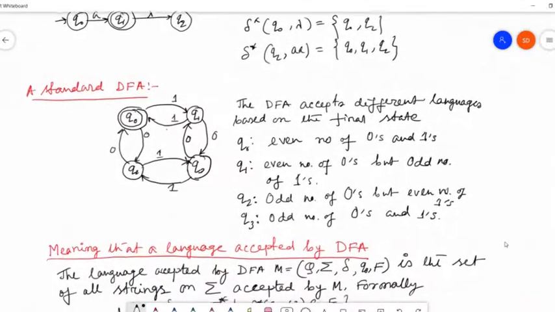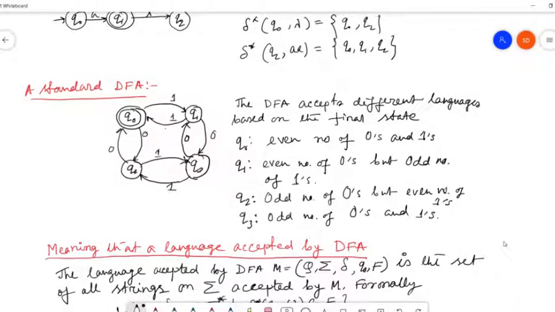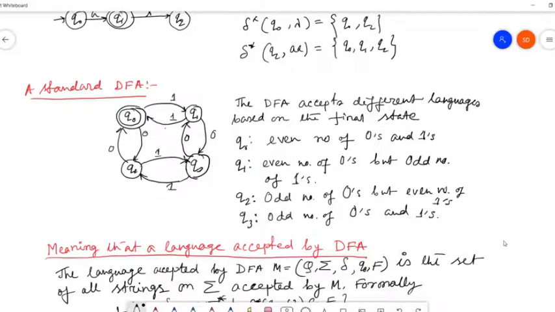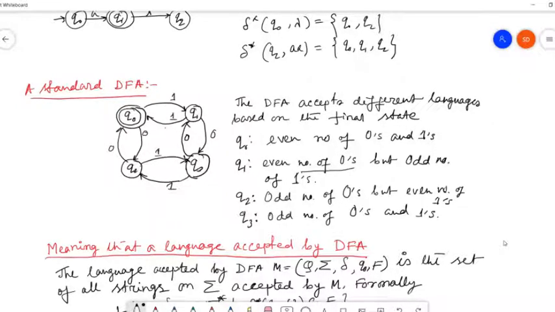This is an example of a standard DFA, where by making one of the four states a final state, different types of strings will be accepted by this acceptor. Suppose we make Q0 the final state, so an even number of zeros and 1s will be accepted by this acceptor. If Q1 is the final state, then an even number of zeros and an odd number of 1s will be accepted.